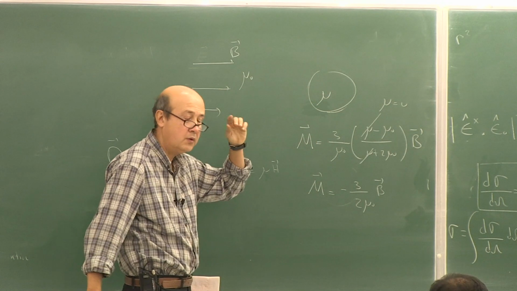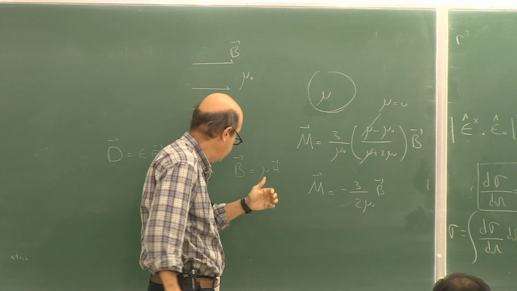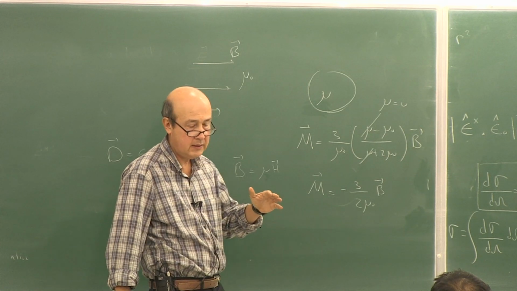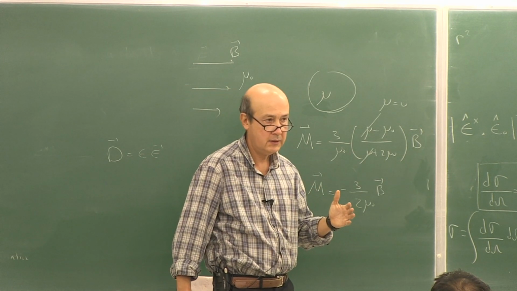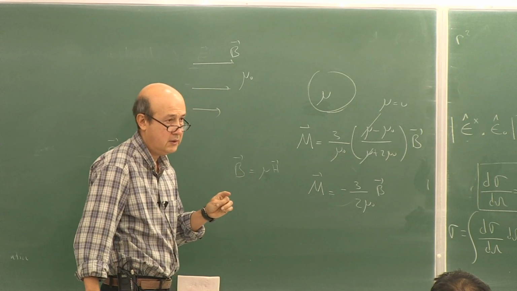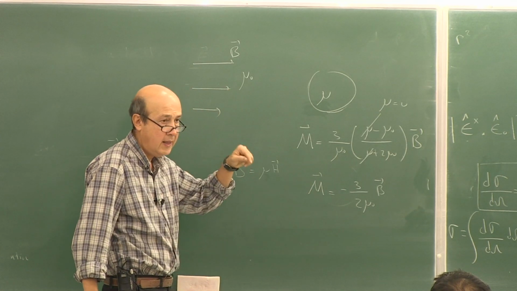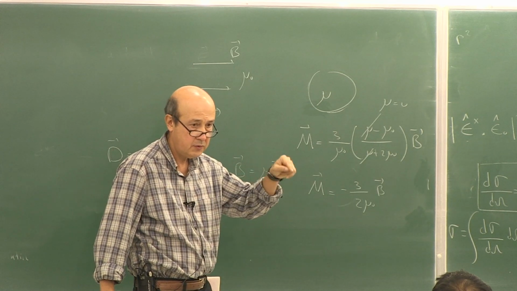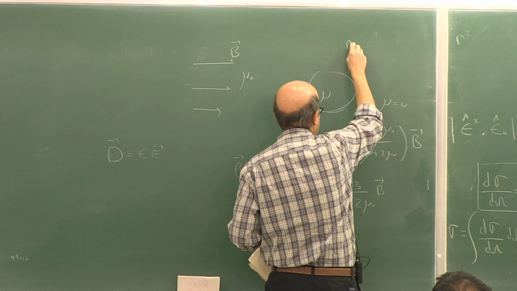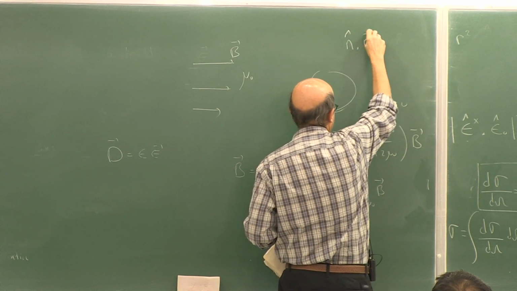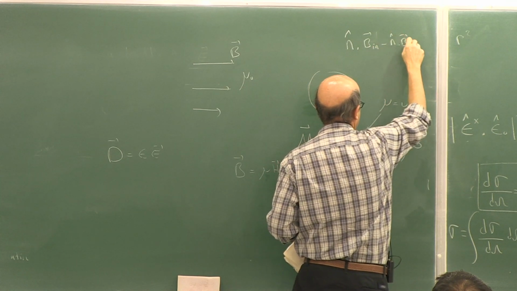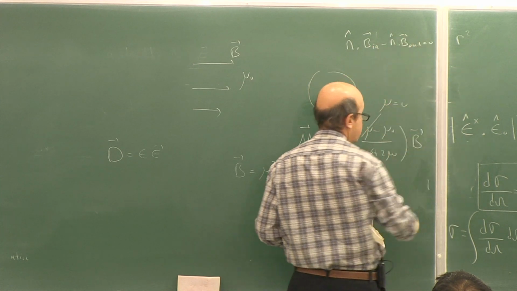If it is a perfect conductor, if mu goes to 0, B goes to 0, how can we say that there is a magnetization? What are the boundary conditions? One boundary condition: the normal component of B should be the same, so N dot B inside and outside should be the same.